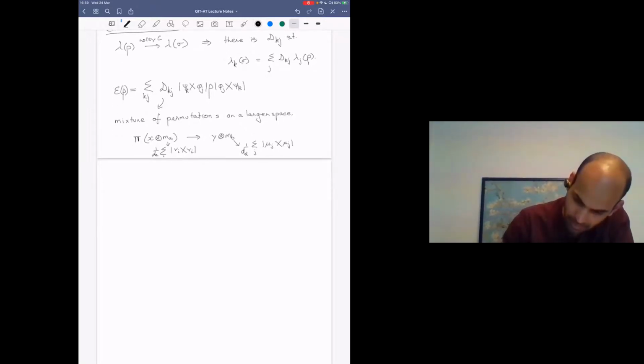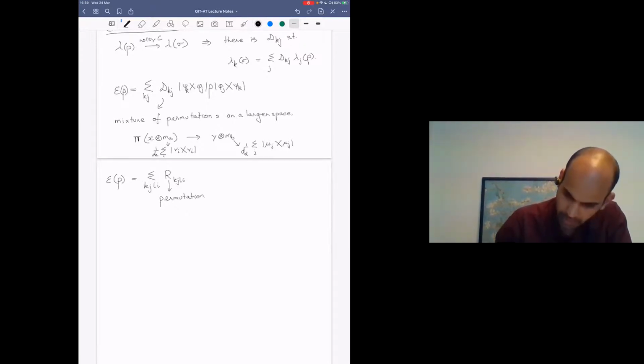And from that, and I'm not going to do the full steps here, you can leave it as a tutorial question, you get that this becomes the sum over K, J, let's say L and I. And instead of D_kj, you now have an R_kjLI, which is a permutation. And instead of only rho, you have rho tensor identity over the input space.